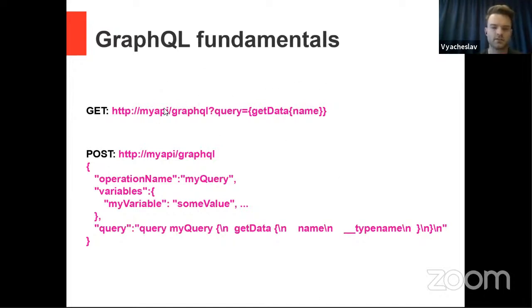And the second option, we can do it via POST request, and it's more desirable to do. You need to specify operation name, its query name, some optional variables, and query. So that query will be generated automatically when you use the GraphQL engine.